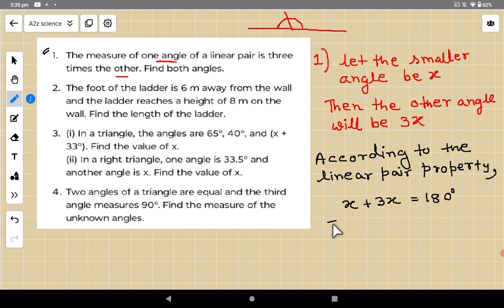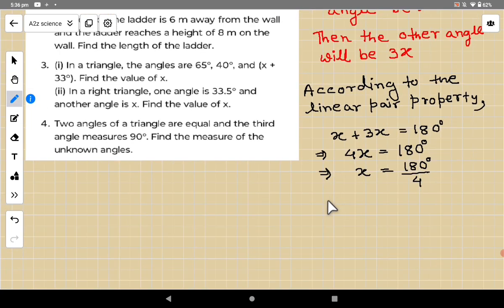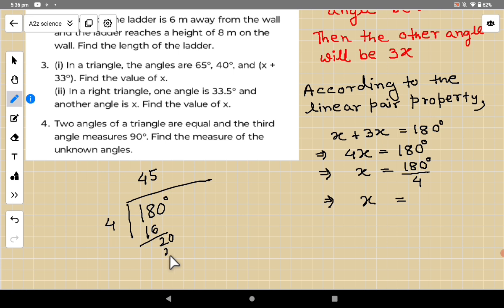So here, 3x plus x becomes 4x. If I divide 180 degrees by 4, it will be 45 degrees, but still I am solving here. 4 fours are 16, so 45 degrees.